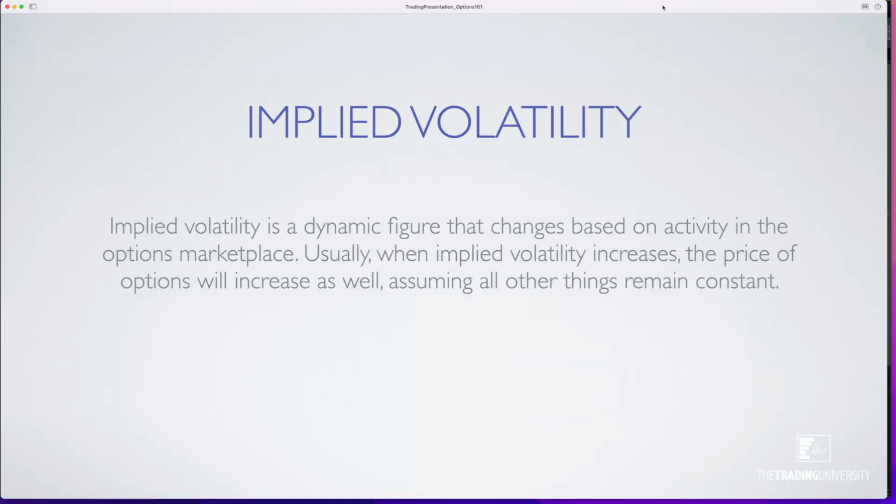And that's kind of this implied volatility in these options, and that's what's helping control that price. And so when there's a lot of volatility in the market, that price is going to go up. And if there's not a lot of volatility, that price is going to stay relatively low.